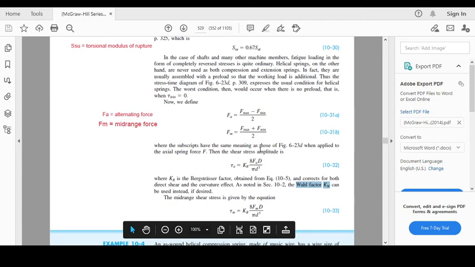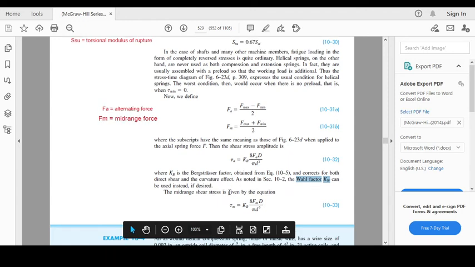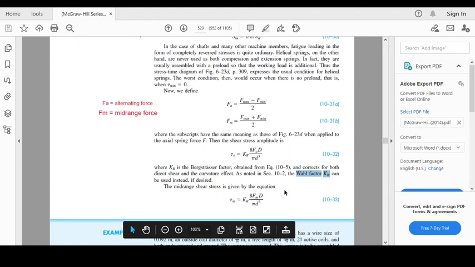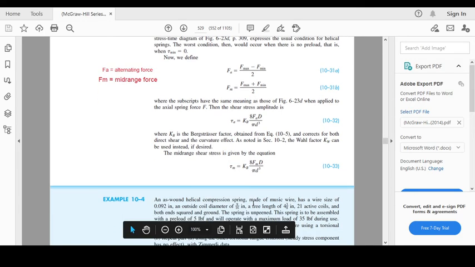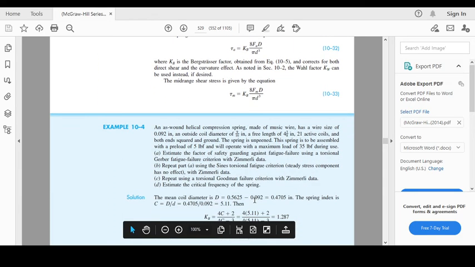So the textbook uses KB, the burst factor, obtained from equation 10.5 and corrected for both direct shear and curvature effect as noted in section 10.2. The wall factor can be used instead if desired. The mid-range shear stress is given by equation tau_m equals KB 8 FM D over pi d cubed. This is the example.